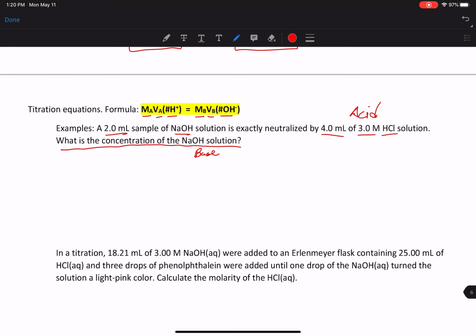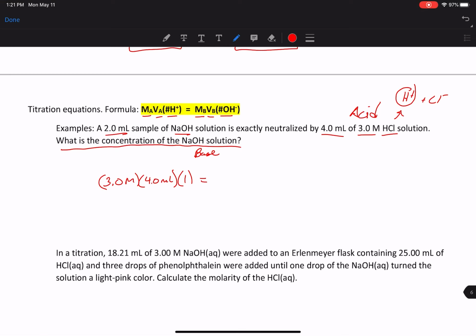So for the acid side of the solution, we have 3 molarity times the volume, so that's 4 milliliters, and the number of H plus ions. HCl breaks apart into H plus and Cl minus. There's only one H plus ion there, so you just put a 1 there.